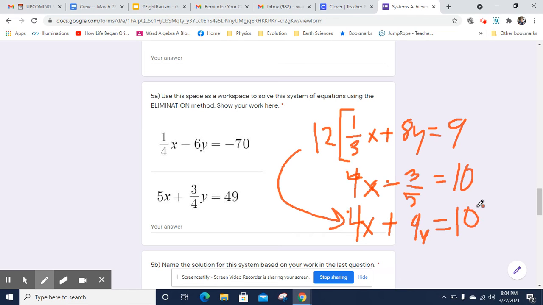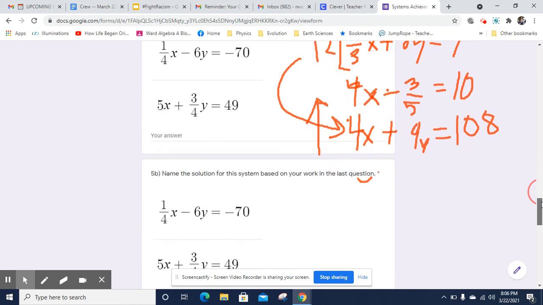And now I have something that I can do subtraction on. I can subtract going this way or this way. I think it'll be easier to subtract going in that direction. Let me scroll down a little bit so we have some room to work.